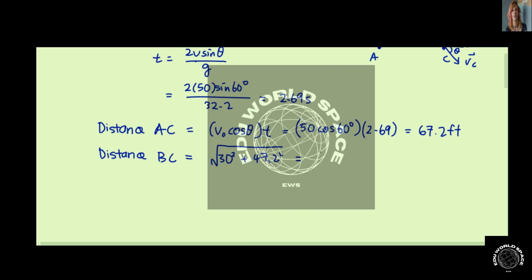And we are given the speed of the player, which is 23 feet per second, right?